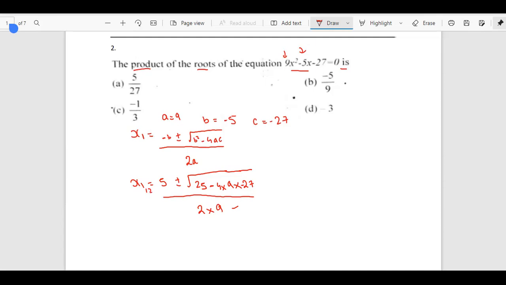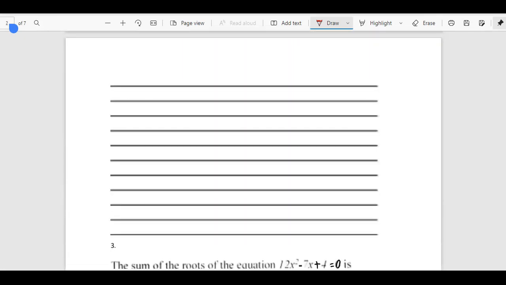Now I have that x1 is with plus sign, x2 would be with minus sign. I'm multiplying, so let's just multiply the two roots directly over here.